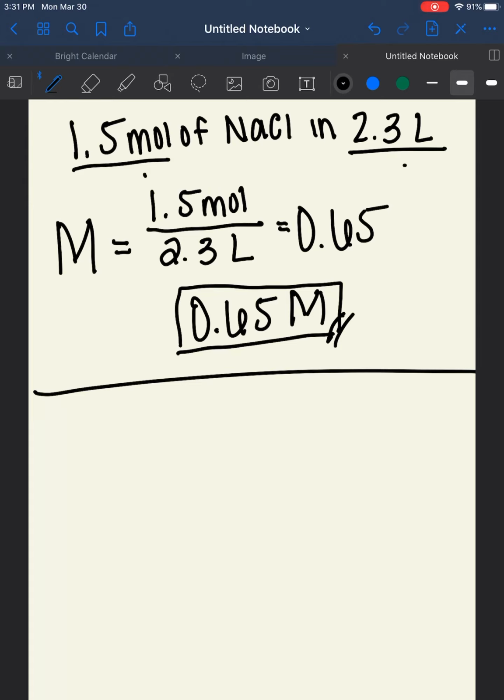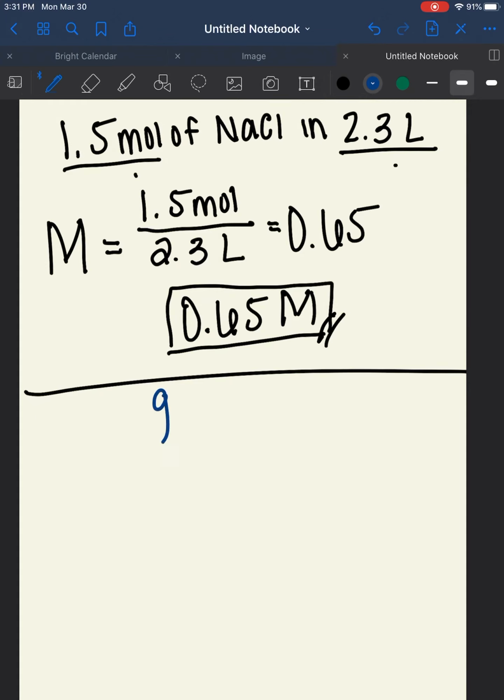I do want to give you a quick word of advice though. In the event that you're given grams of something, one of the things that we covered before is how to go from grams to moles, right?